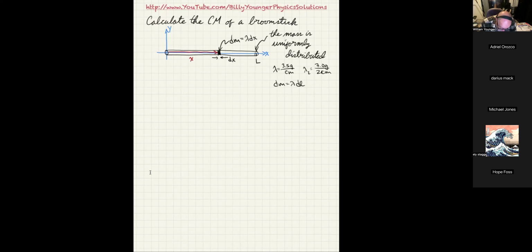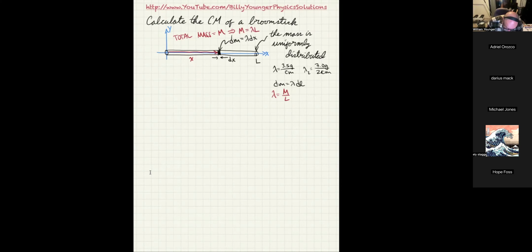I'm going to say the total mass is equal to M. That means M is equal to lambda times L. So we know that lambda will in fact be M over L. That's pretty much what it is normally, except sometimes it could be a functional value.